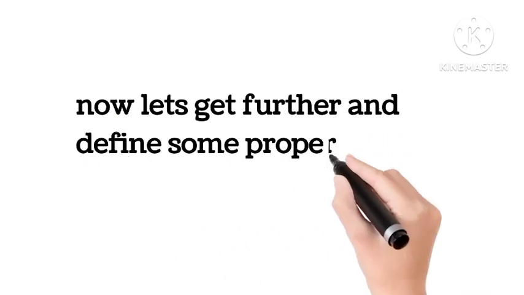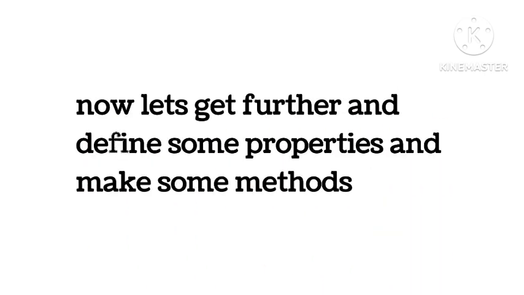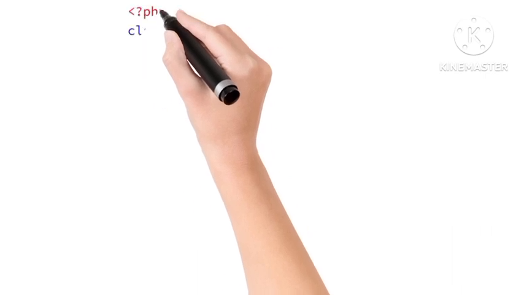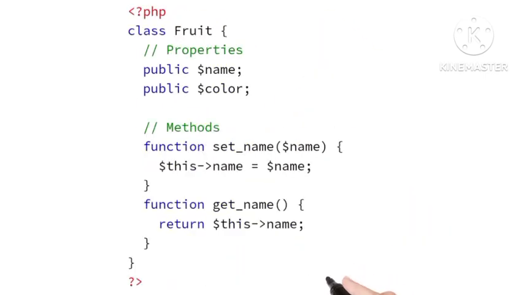Now let's go further and define some properties and make some methods. In this class, which is named fruit, we have given two properties which are public. Public means they have a global scope and they can be accessed from anywhere. Like they can also be accessed from another class, from a child class, or from another PHP file.